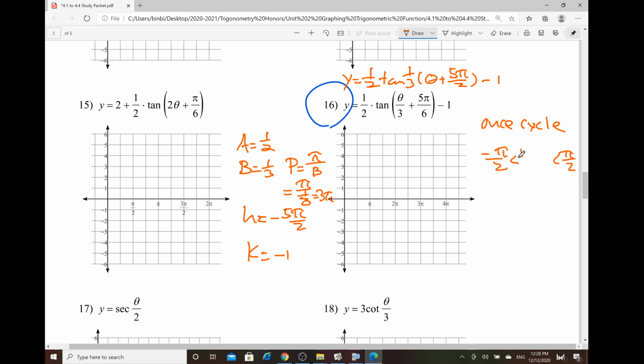So we got 1/3 times the quantity of theta plus 5 pi over 2. So multiply by 3, so we do have negative 3 pi over 2 less than theta plus 5 pi over 2, less than, multiply by 3, so 3 pi over 2. Subtract 5 pi over 2, so we do have negative 8 pi over 2. Well, we're going to reduce it.